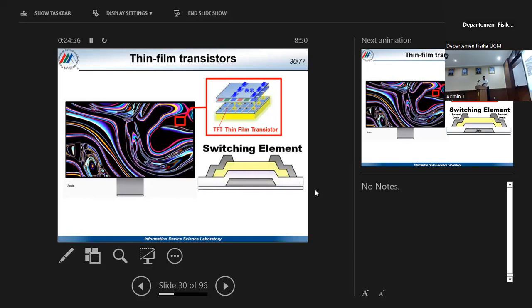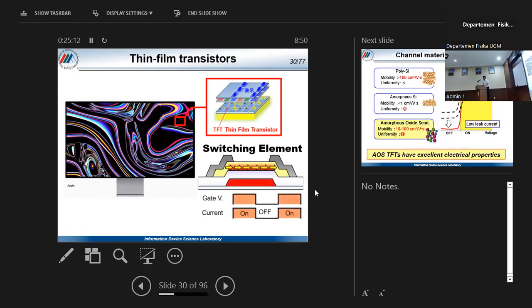This device has three major parts: a conductor, which is the source, drain, and gate; an insulator, the gate insulator; and a semiconductor channel. The idea is that for the thin film transistor, I'm simplifying here, this is an oversimplification, if you apply a gate voltage higher than a threshold voltage, there will be current across the interface between the channel and the gate insulator, across the source and drain.